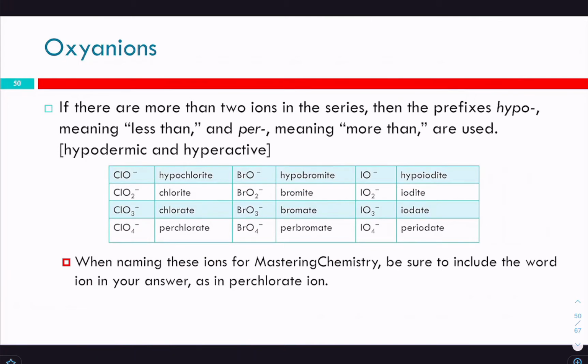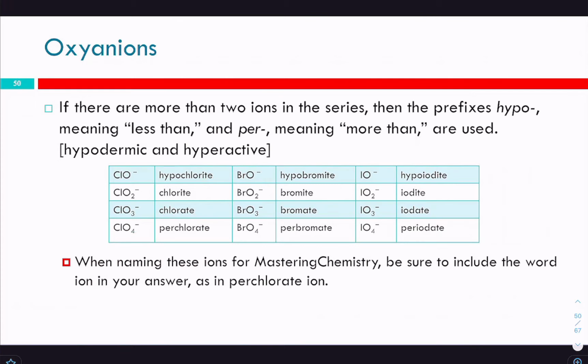And then if there are more than 2 ions in the series, which for a lot of them there are, then we use prefixes of hypo, meaning less than, and per, meaning more than. So hypochlorite has 2 fewer oxygens than chlorate, or 1 fewer oxygen than chlorite. And then perchlorate has 1 more oxygen.